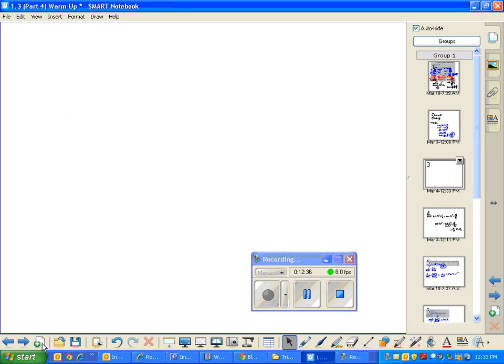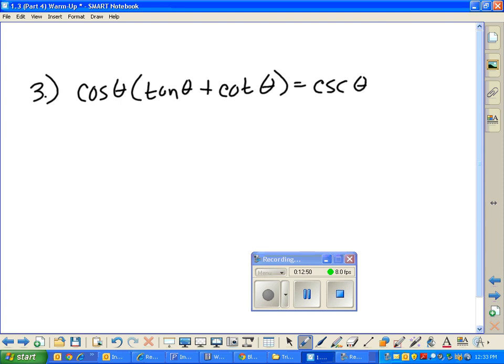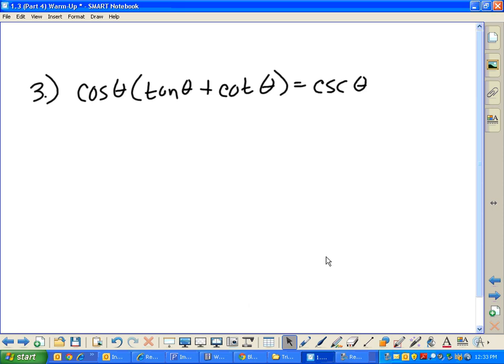Well, first of all, I need somebody to read for me the problem that is on number 3. Cotangent theta. Okay. So in the back of my mind, what I'm thinking about is how cosecant is the same thing as 1 over the sine of theta.